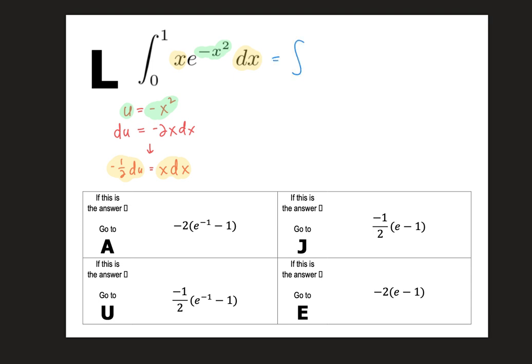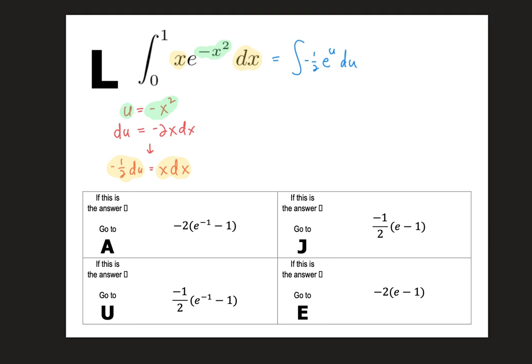We'll figure out the limits in a second. So notice this becomes U, so that's just an e to the U, and then the x dx is multiplied, so now we're just going to multiply by negative 1/2 du.